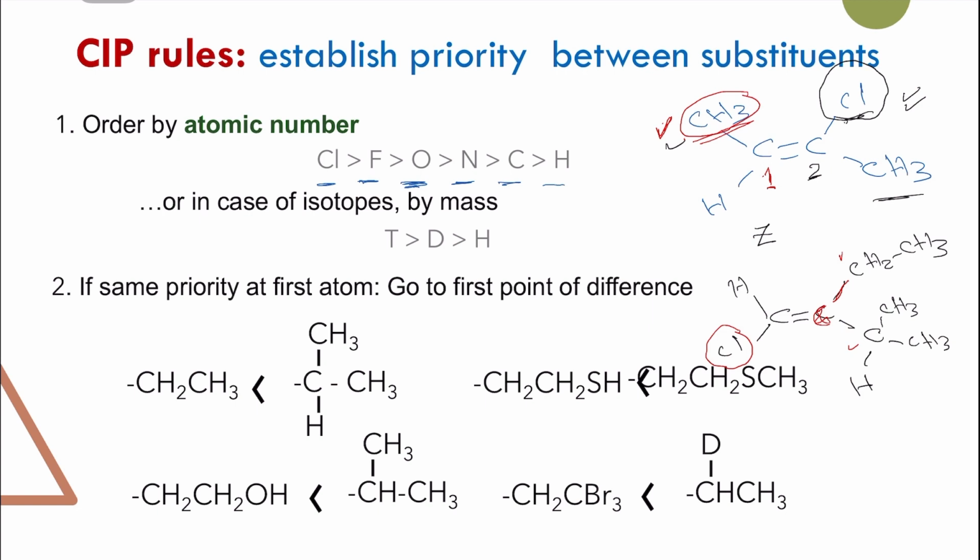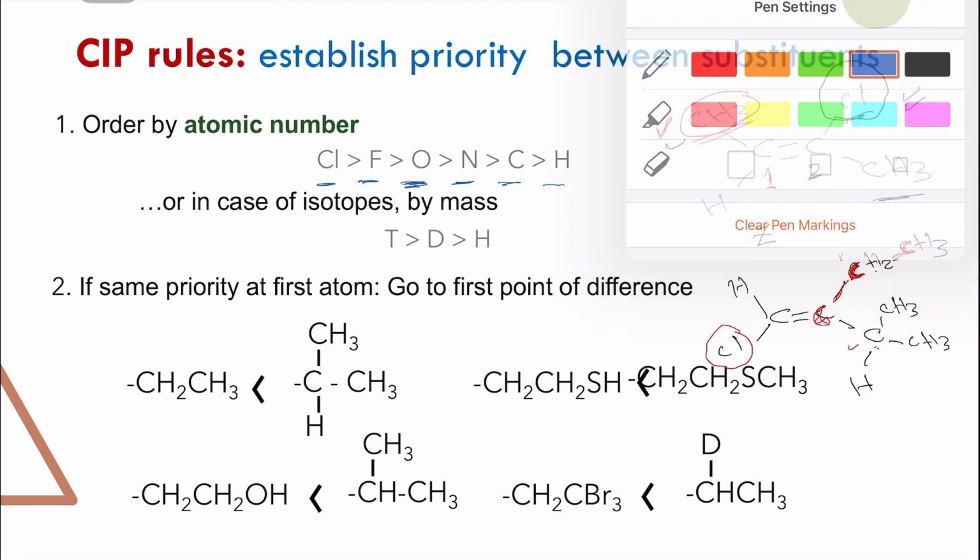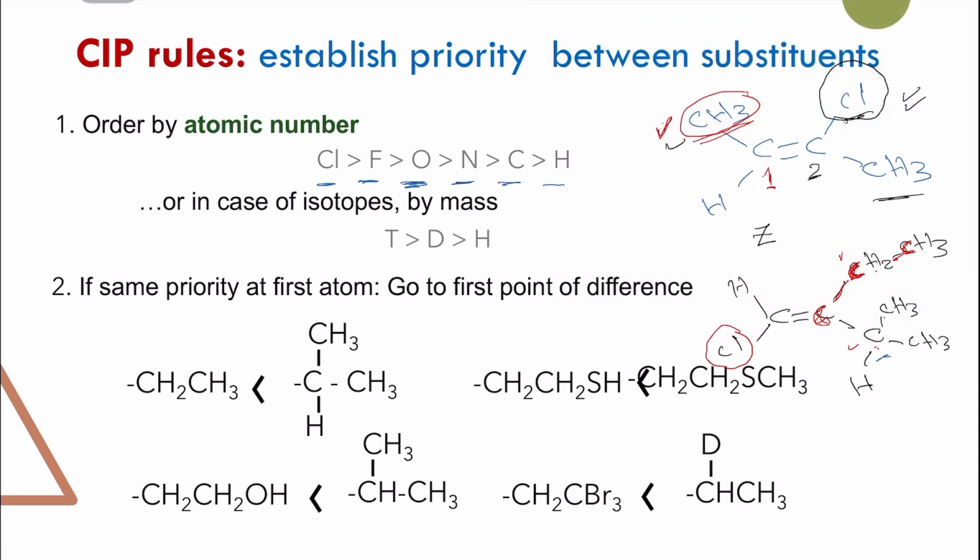So now I have to go further in my structure to see where the first point of difference is. This carbon here is attached to two hydrogens and one carbon. So the three other bonds that this carbon has are two hydrogens and one carbon, while the other carbon at the bottom has two carbons and one hydrogen.